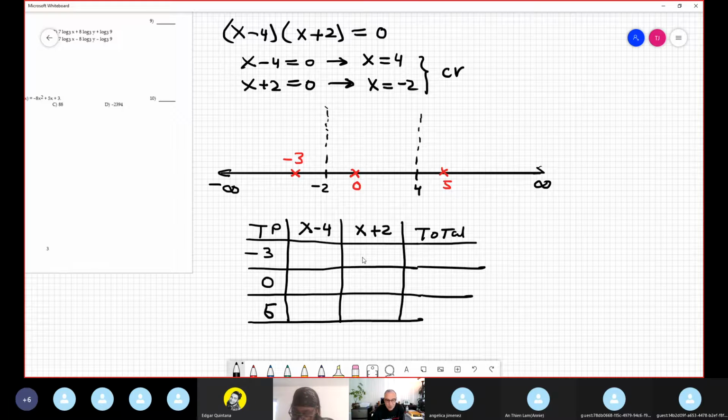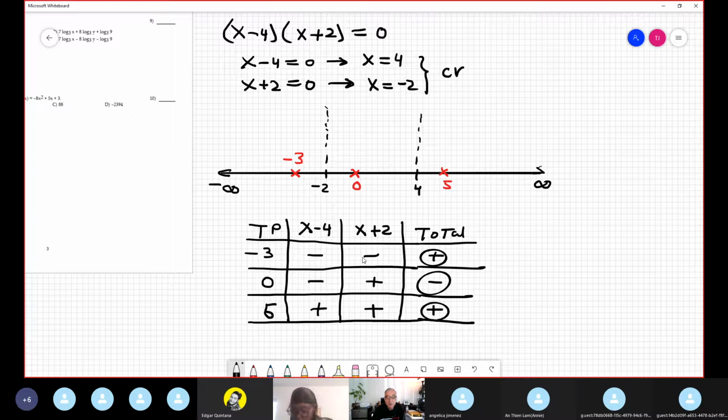Okay, I plug it in. Negative 3 is obviously negative: negative 3 minus 4 is negative 7, negative 3 plus 2 is negative 1, and negative and negative together is positive. 0 is negative, 0 is positive, therefore is negative. 5 is positive, 5 is positive, therefore is positive.